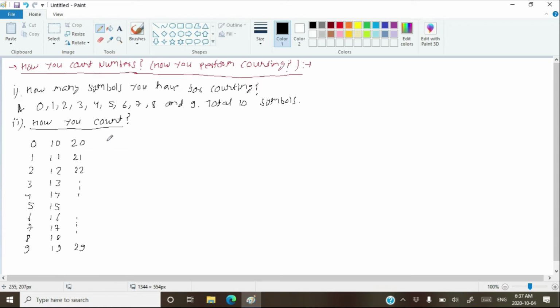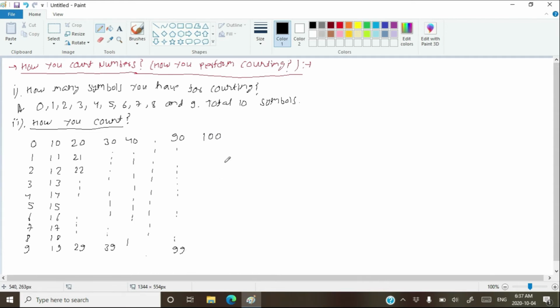Then you start with 30, you go up to 39, then you start with 40 and you go up to 49, something like this. After a few countings, you reach 90, then you go up to 99. When you reach 99, you have exhausted all two-digit numbers. So you increase the number of digits in your counting and you write 100.